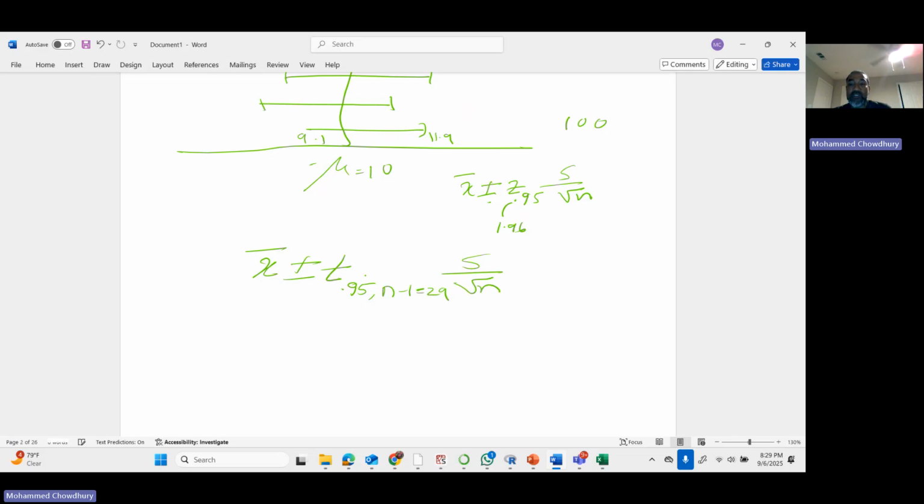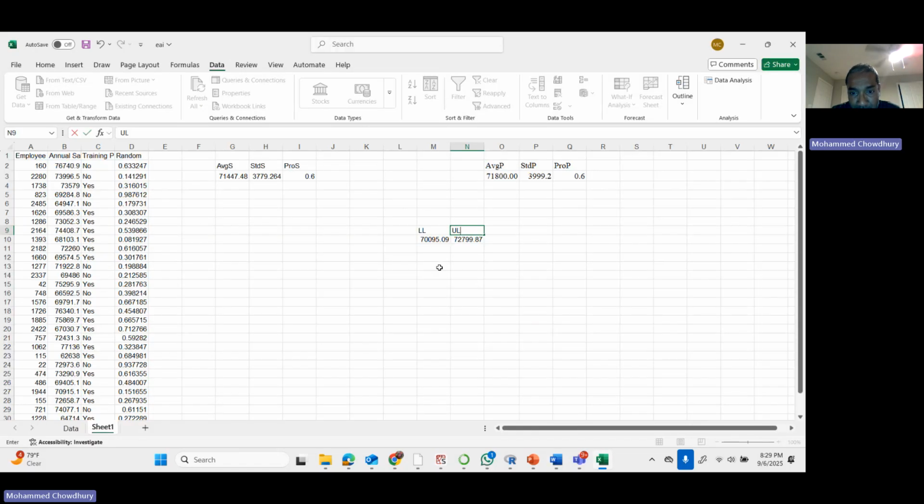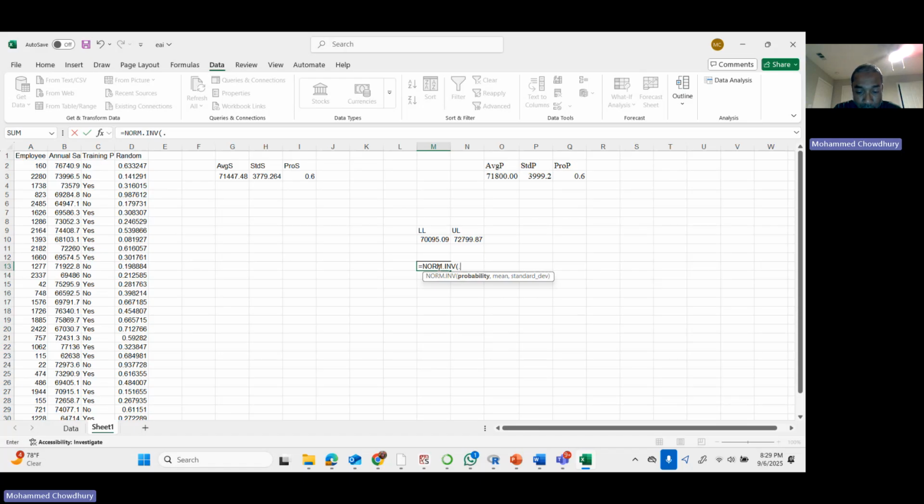Now the question is, how can we find this value by using a table or Excel? In Excel, you have to write it this way. If it is 95%, you write NORM.INV, and then 0.025, and then 0, comma, 1, and then you will see negative 1.96.